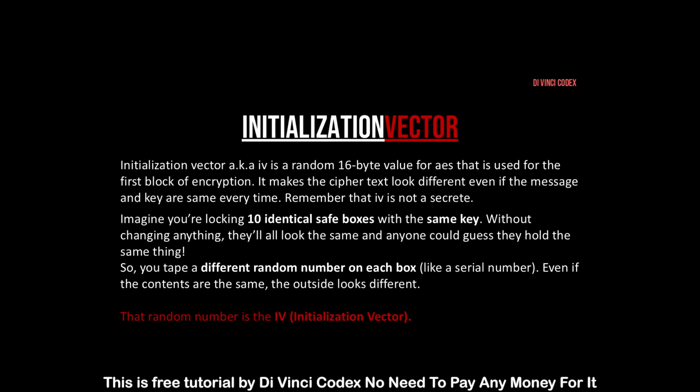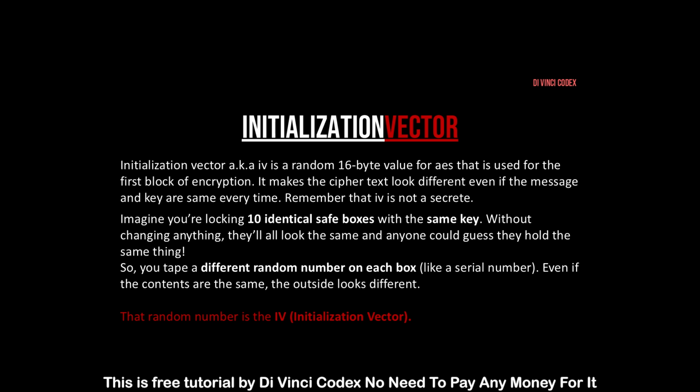Have you ever wondered why encrypted data can look different even when the message and key stay the same? That's thanks to the initialization vector, or IV. It's a random 16 byte value added to the first block of encryption to keep things unique.